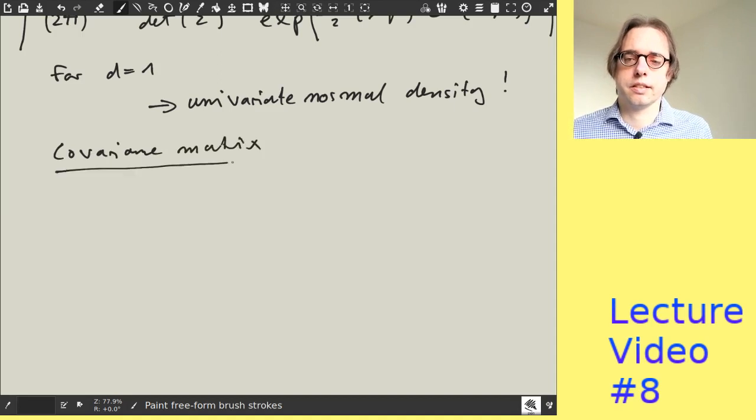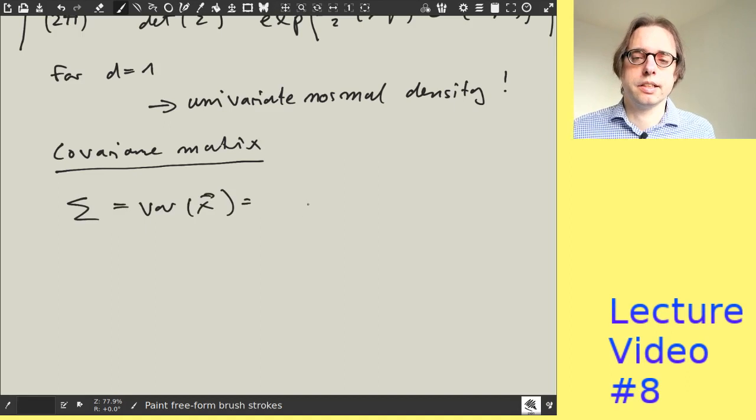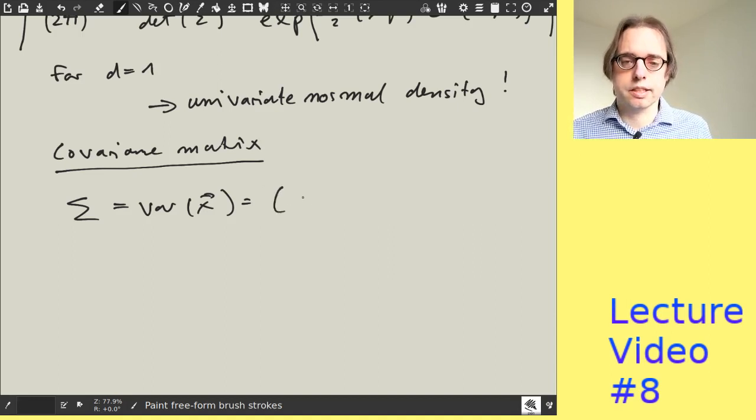If you recall again, Sigma is the variance of x and is a matrix, and it has entries sigma ij, and sigma ii is actually the same as the variance with only one index.